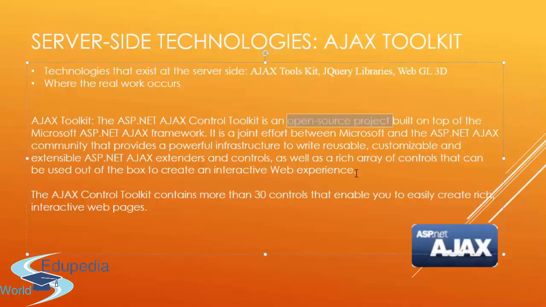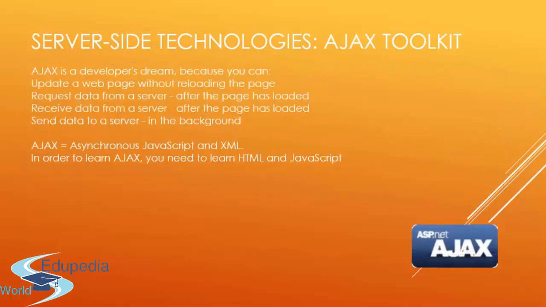This toolkit contains more than 30 controls that enable you to easily create rich interactive web pages. I am going to introduce quite a few of the AJAX toolkit controls, just to get you started. But my main focus is JavaScript.